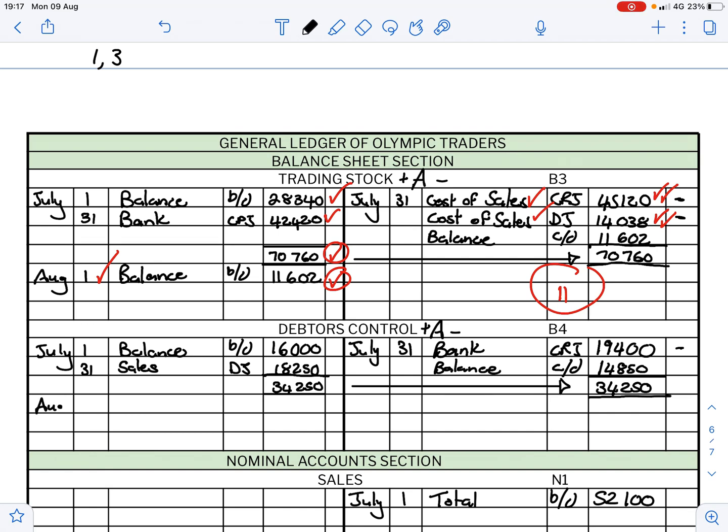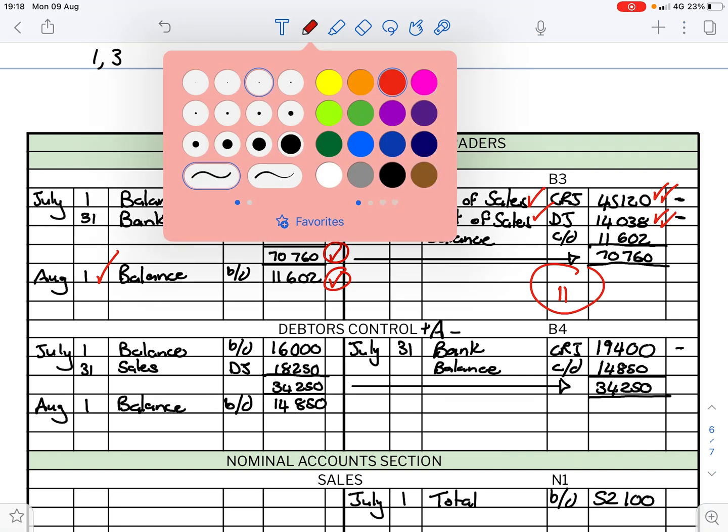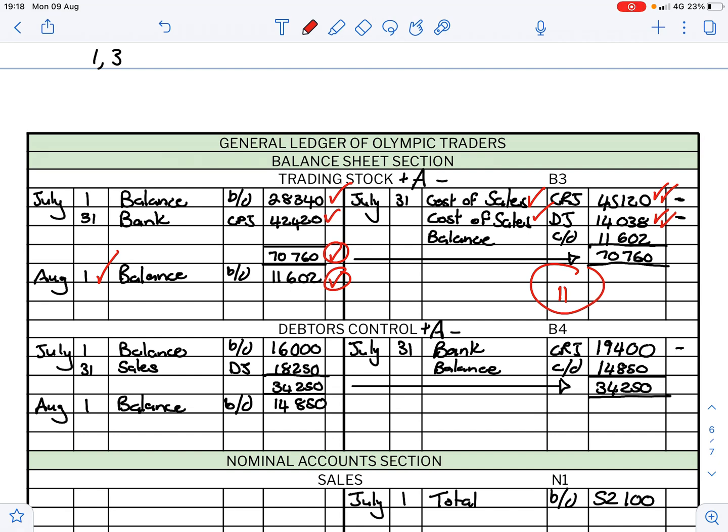Okay, on August the 1st, our balance brought down is 14,850 Rand, which means collectively our debtors still owe us 14,850 Rand.